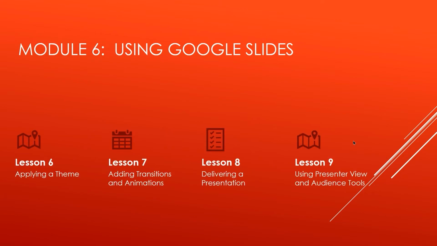We'll make our presentation more visually appealing by applying a theme in Lesson 6. And we'll increase audience engagement in Lesson 7 by adding transitions and animations. In Lesson 8, we'll focus on delivering a presentation, and we'll end by using presenter view and audience tools.